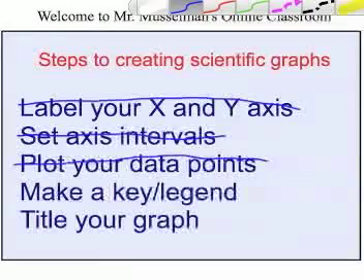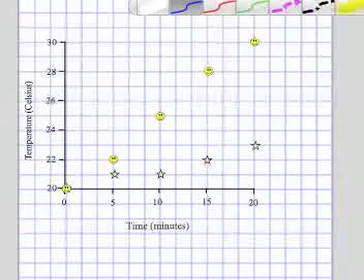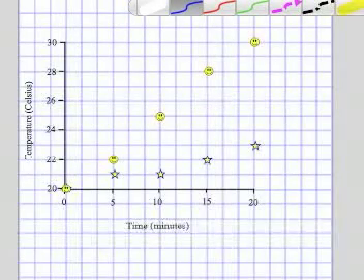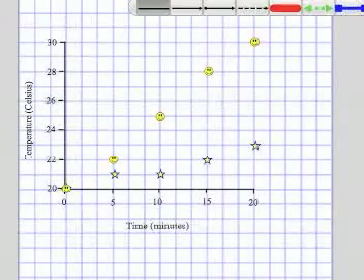Now, something that scientists often do is they either connect these points directly, or they add in something called a best fit line. A best fit line tries to take into account some of the error that might coexist when you are taking recordings. What they try to do is average in all of your recordings and create a consistent slope for all of them.